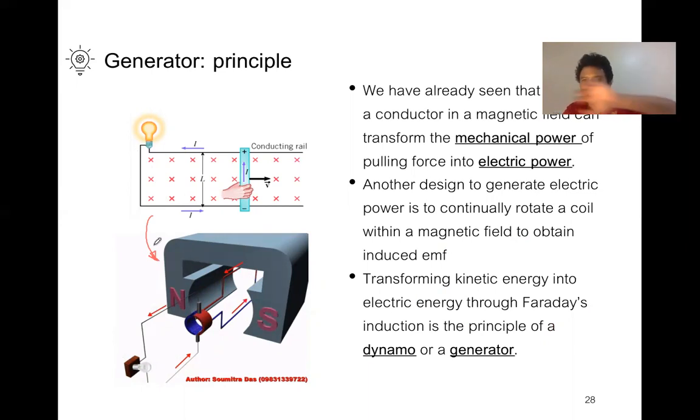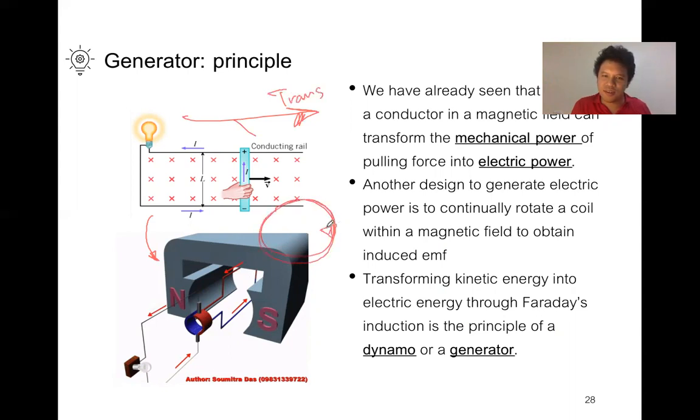But if you pull the bar to create the motional EMF, you just need to pull it over a distance, and then you need to run out of room. So it cannot be continuous. So you change from a translational motion to a rotational motion in order to create a real generator.